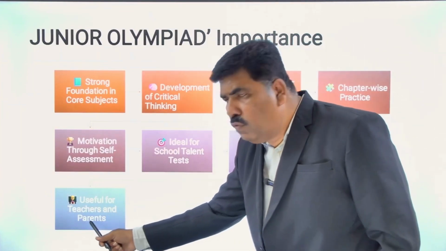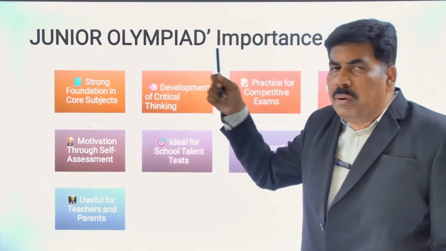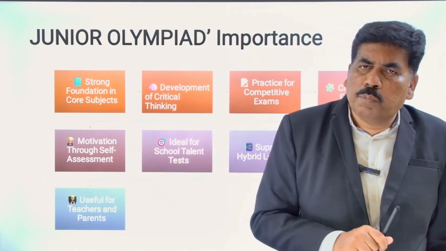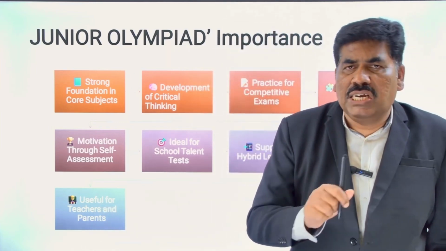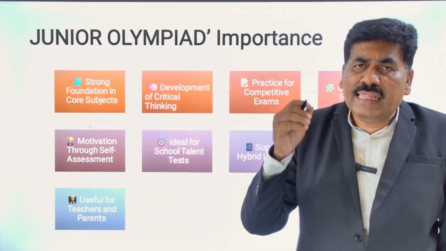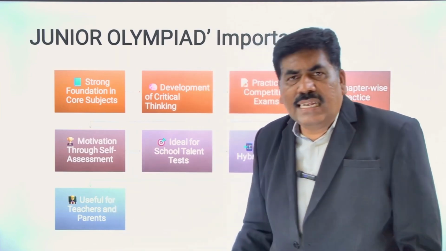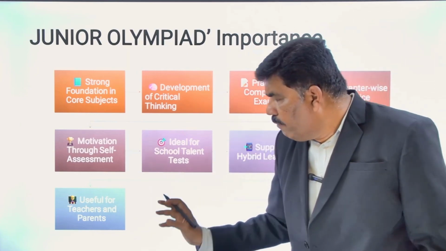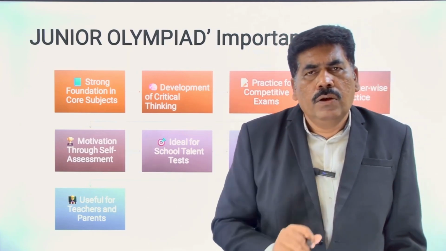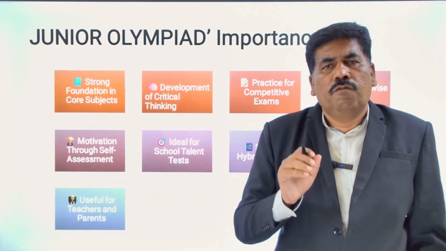It is also useful for teachers and parents. For teachers, our books help like resource books. For parents who are ambitious, who want to make their child strong in concepts, who want their child to stand in global Olympiads, it will be very useful. So these are the points about the importance of the Junior Olympiad Foundation course.